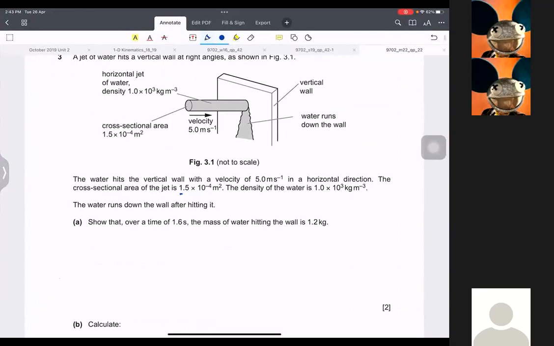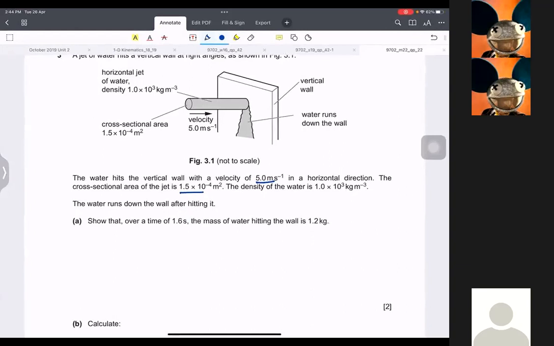You have the cross-sectional area, you have the velocity, so over 1.5 seconds, what is the distance traveled? We need to find the mass.